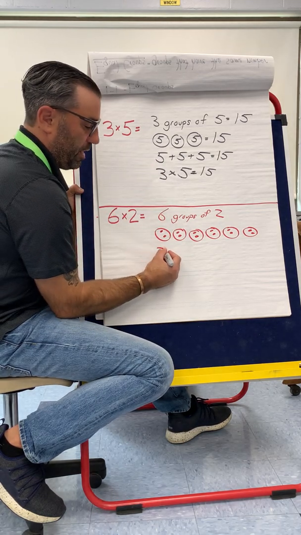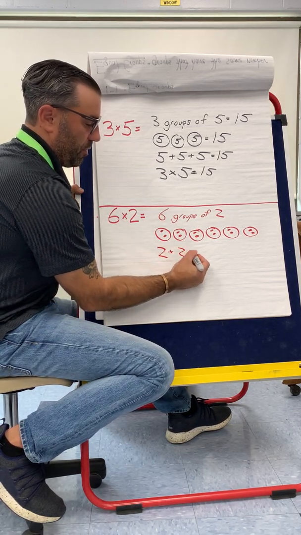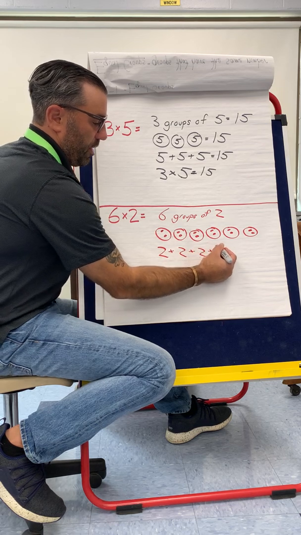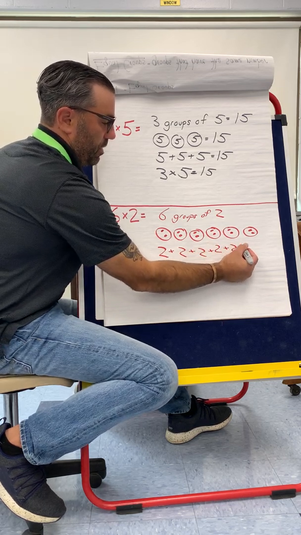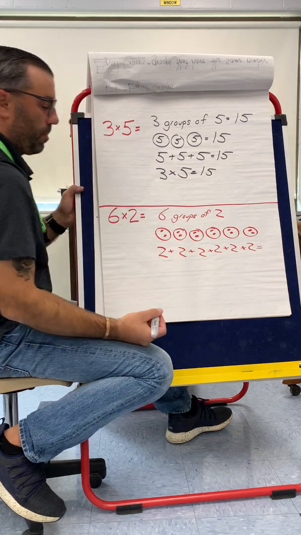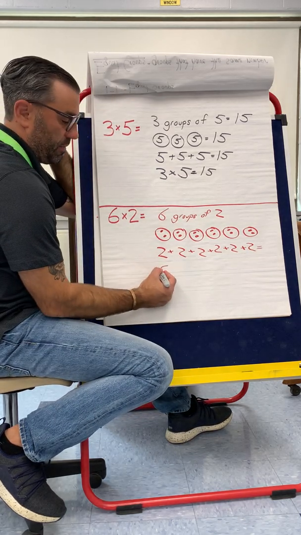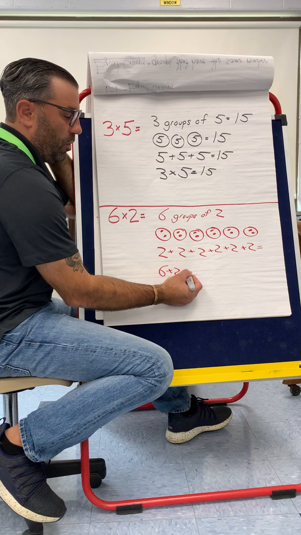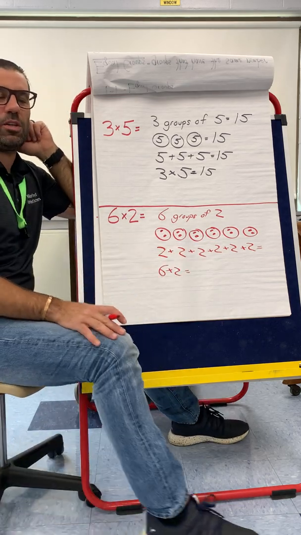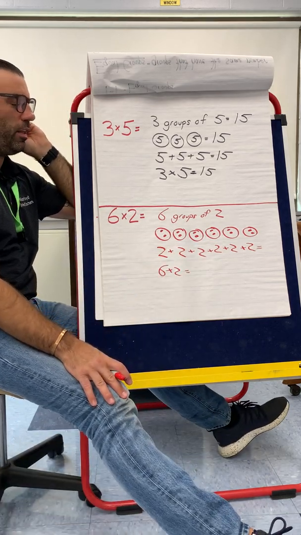Repeated addition: 2 plus 2 plus 2 plus 2 plus 2 plus 2. Or 6 times 2. So you could add all those up, but since you're doing multiplication, really, just skip count.